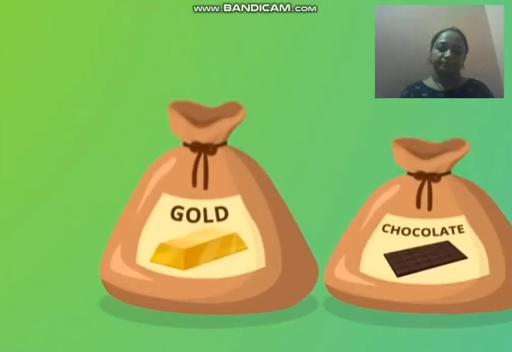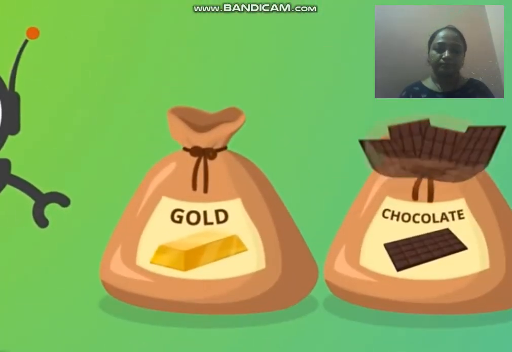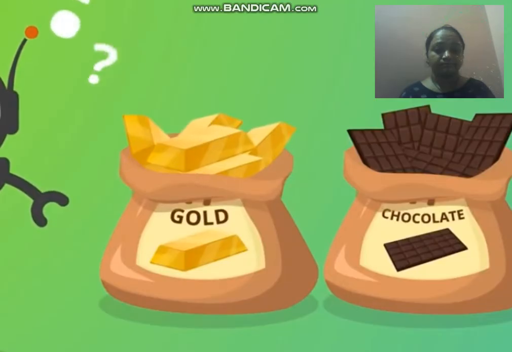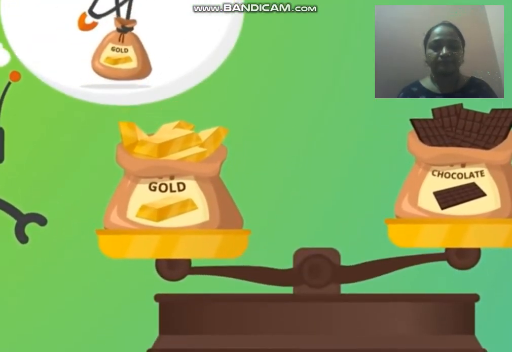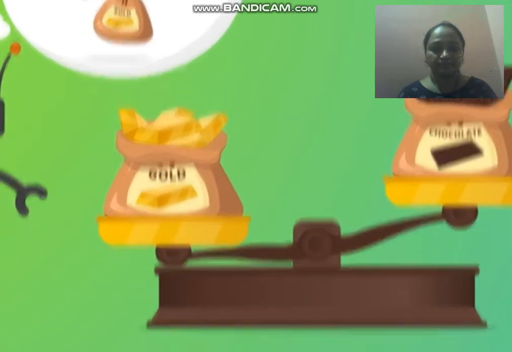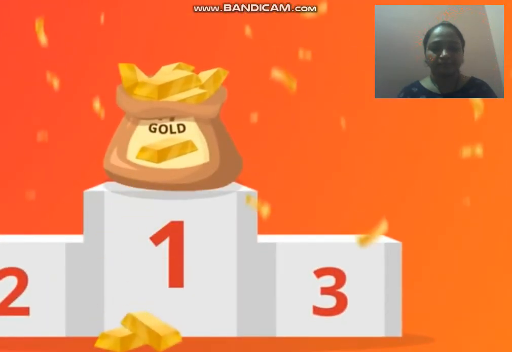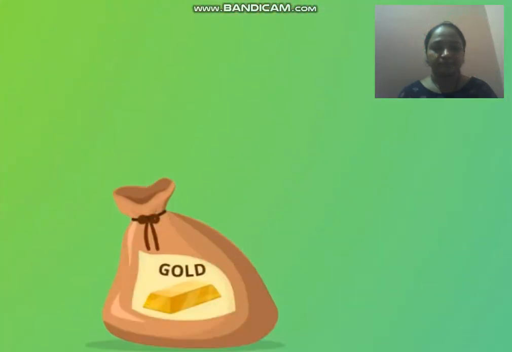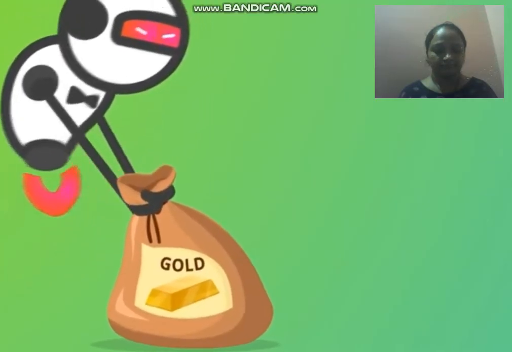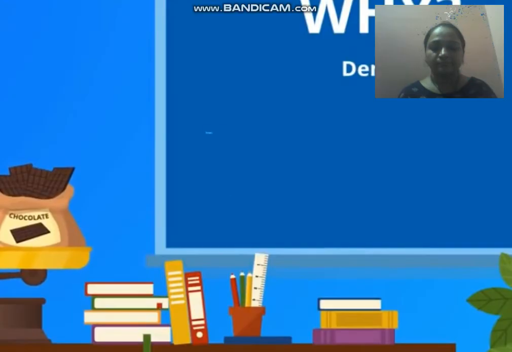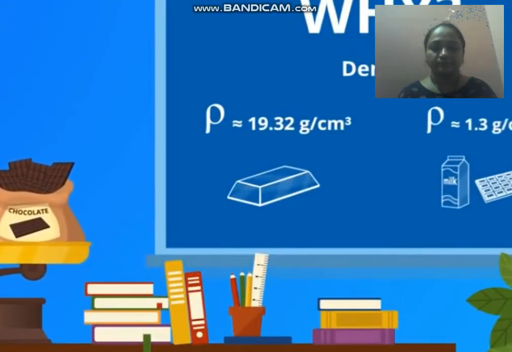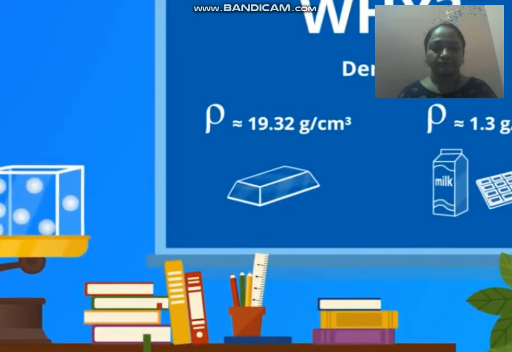Here are two identical bags. One is full of chocolate and the other one is full of gold. Which bag do you think will be heavier to carry back home? The one with chocolate or gold? Well, a bag of gold will certainly be more rewarding, but it will probably be physically impossible to carry, even for a bodybuilder. Why? Because the density of gold particles is so much higher than the density of milk or chocolate.